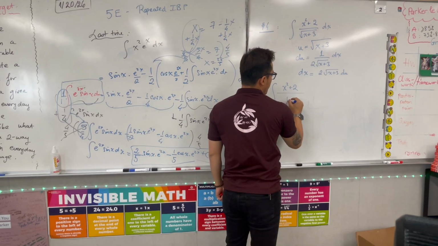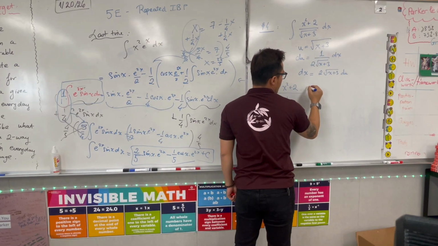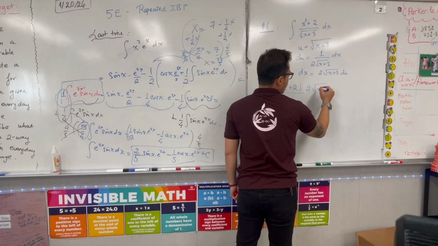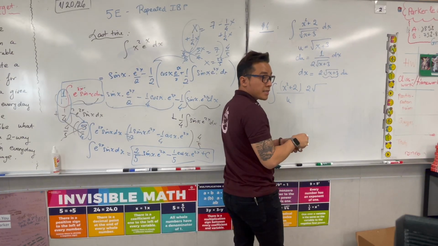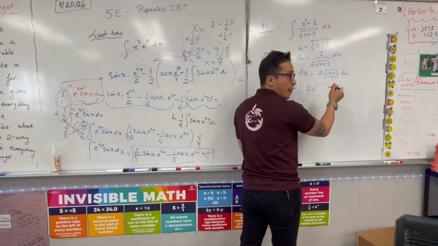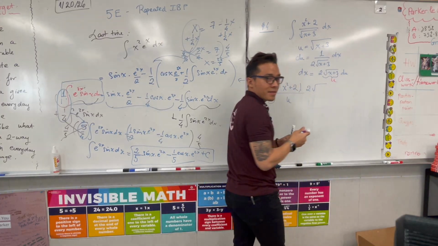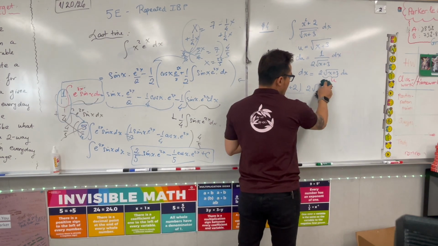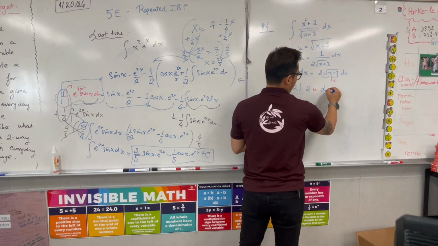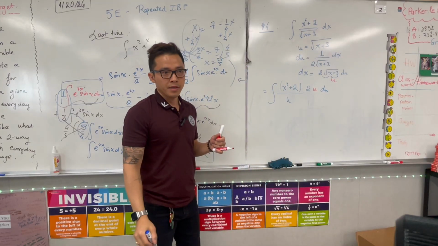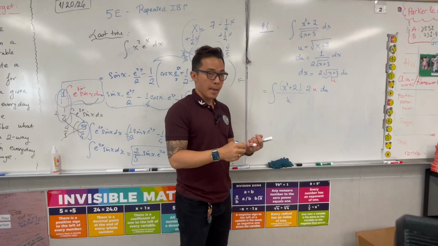This square root becomes u. dx becomes 2 times, but this is equal to what? This is actually u, right? So actually here becomes u. Do you see u and u cancel out?